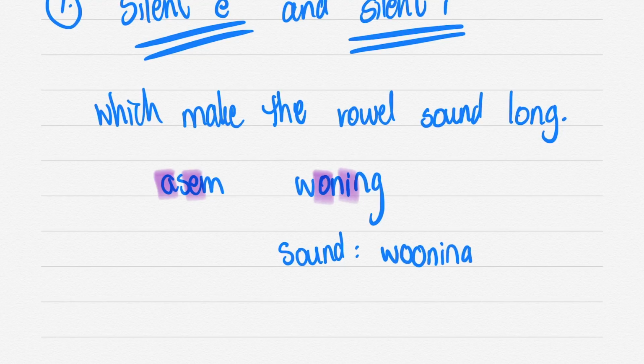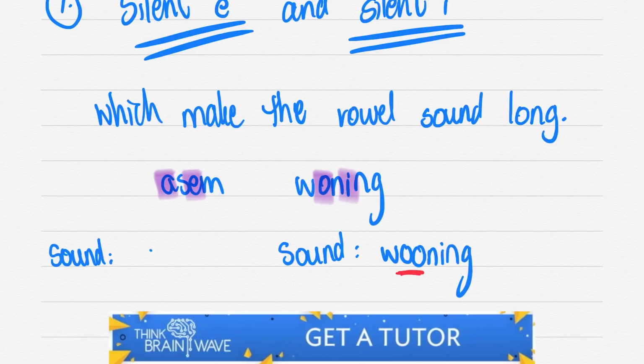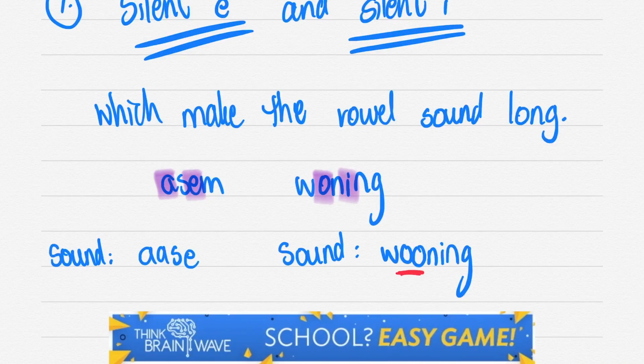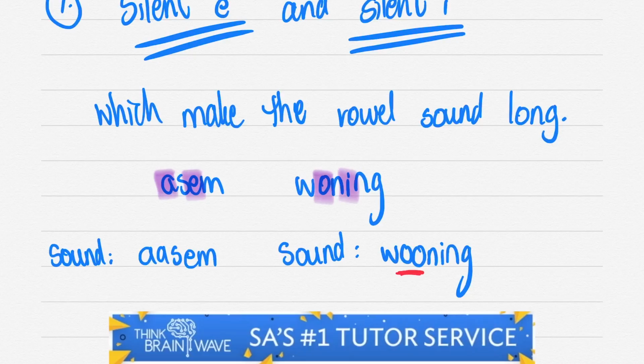There we go. So just remember that if you've got vowel, consonant, vowel, and there happen to be an E or an I, this is a specific rule that is attributed to the Afrikaans language. If you see an E as your second vowel or an I as your second vowel, you need to draw out your first vowel.